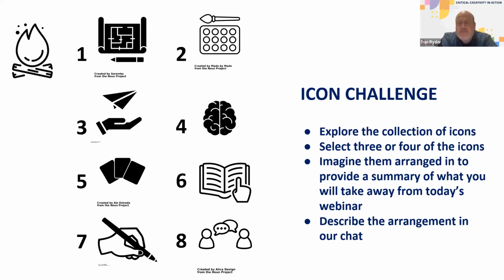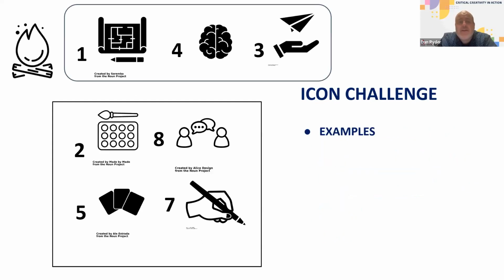And I'm going to show you some examples on the next slide, right? So at the top, I said, today's takeaway for me is, if we plan using the blueprint and we think thoughtfully about that plan, then we can create amazing solutions and amazing pathways towards understanding. So that's the 1, 4, and 3 for me.